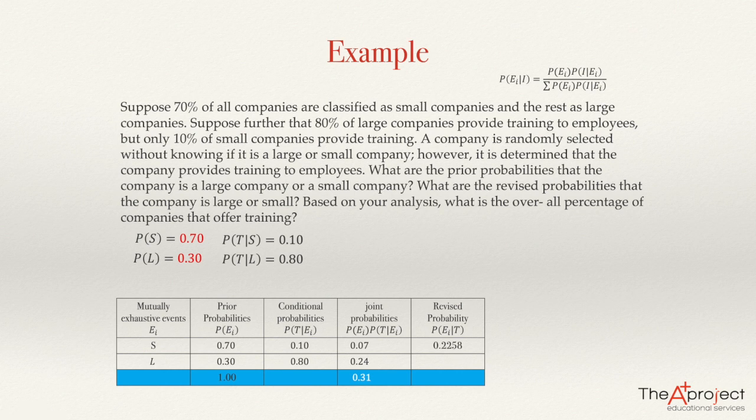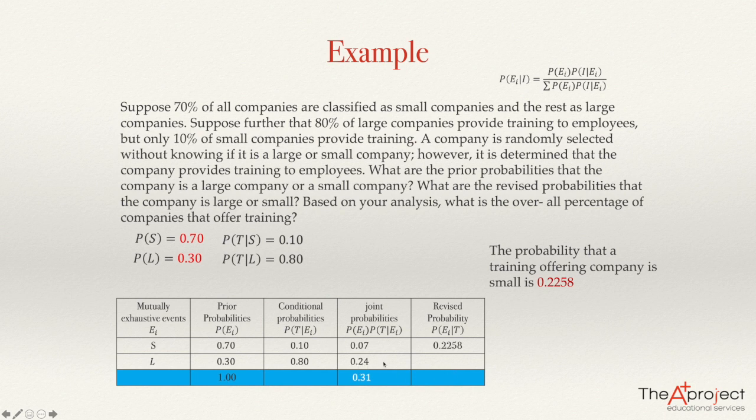And this is the probability that the training-offering company is small. So the probability that the company is small given that it provides training. And obviously the other that completes the 100% will be the probability of being a large company given that it provides training.